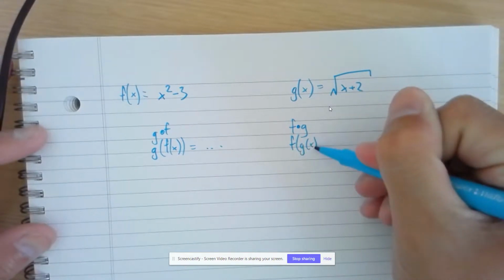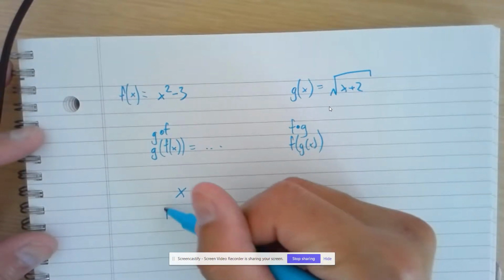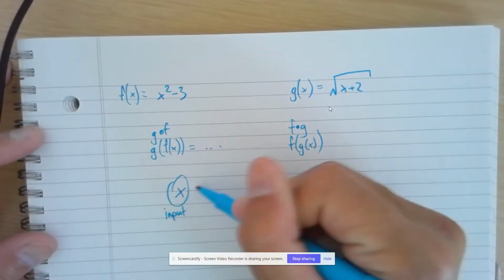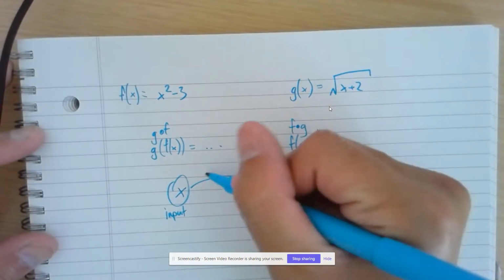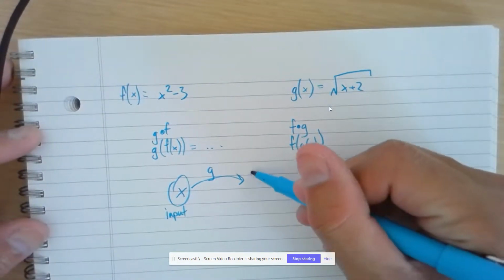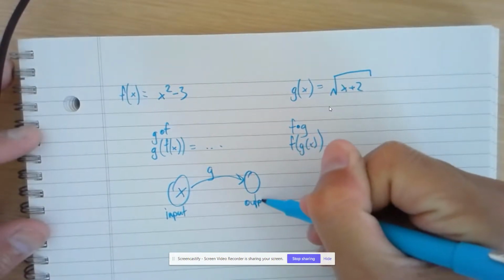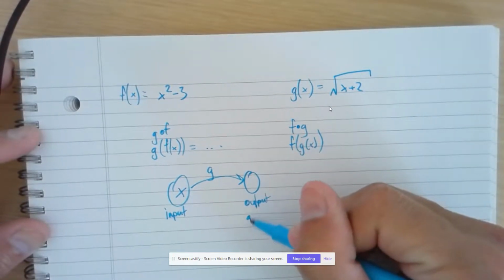So this time, it's as if you're taking your input value of x and putting it first through g. I'm just going to put some kind of output, and we know that output is synonymous with the g of x, okay?